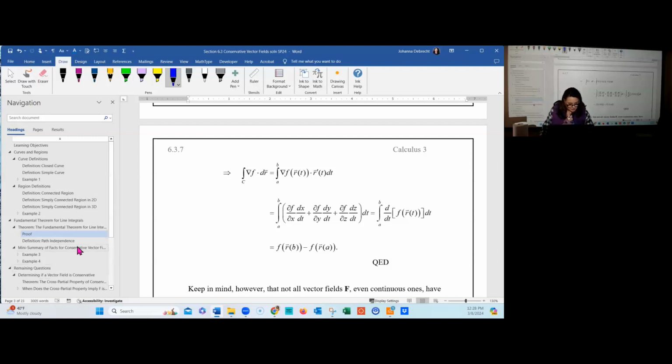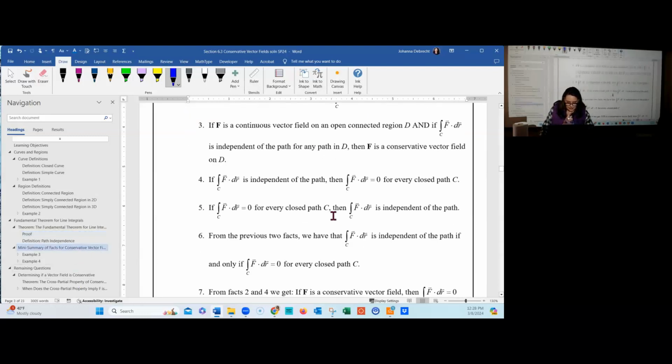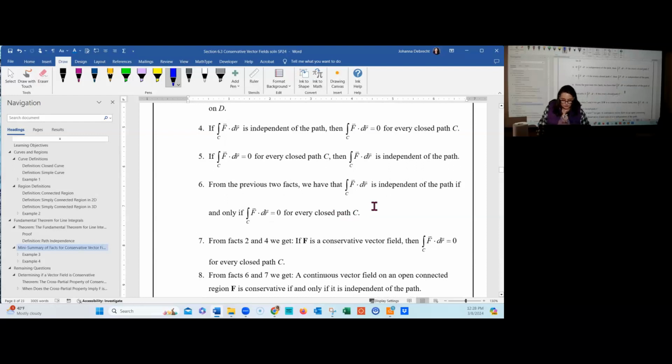And that's exactly what we're stating in item number 4. Note that item number 4 does not imply that it has to be a conservative field. It simply says if it's independent of path, then f dot dr will give me 0 for every closed path.